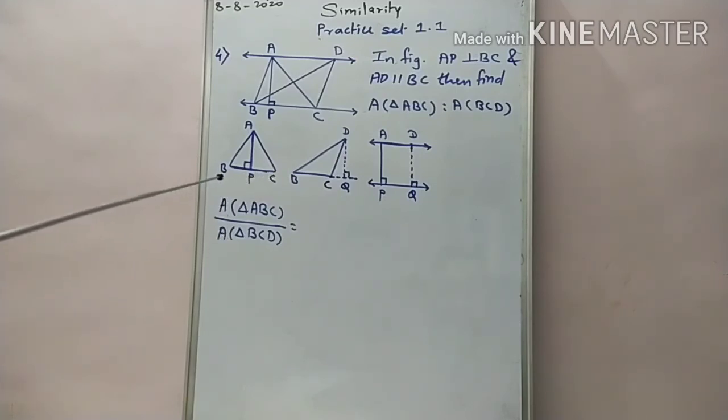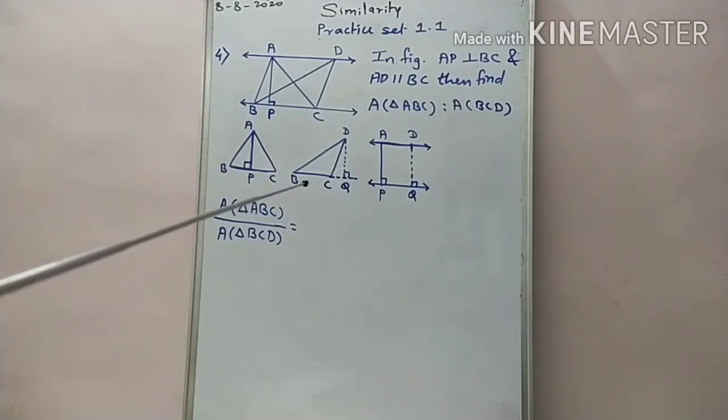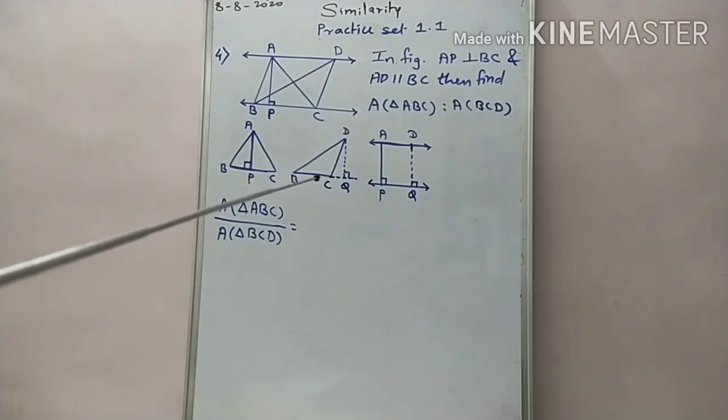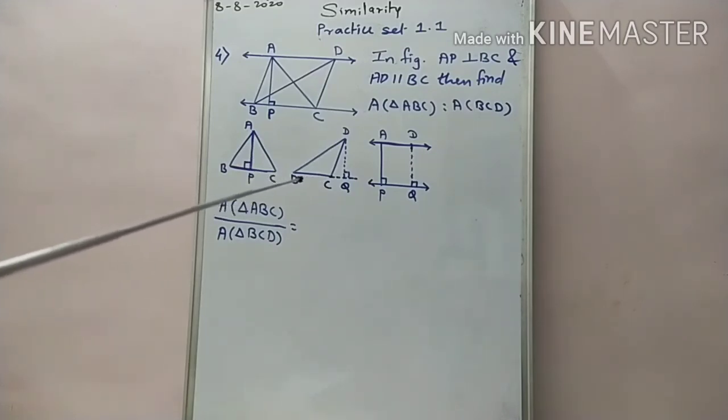What we do here is bifurcate the two figures, triangle ABC and triangle BCD, where we have to find the ratio of the areas of these two triangles. AP is given as a perpendicular on BC, so BC is the base and AP is the height. For triangle BCD, the perpendicular is not given, but we assume BC as the base and imagine the perpendicular DQ.